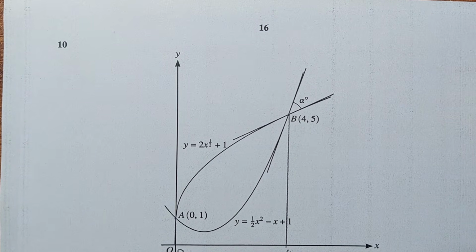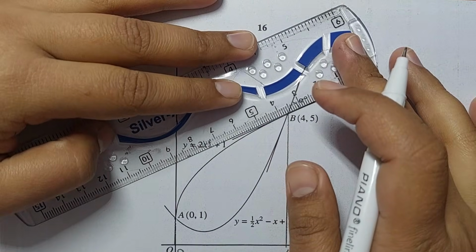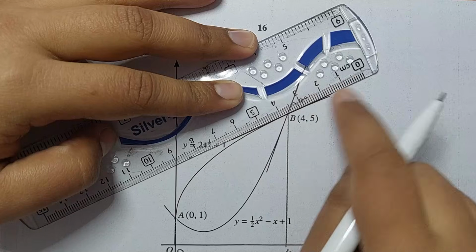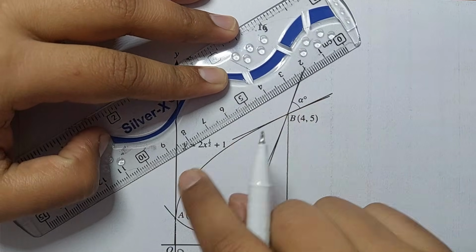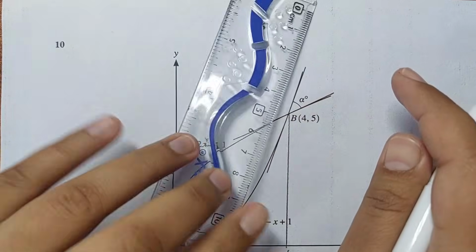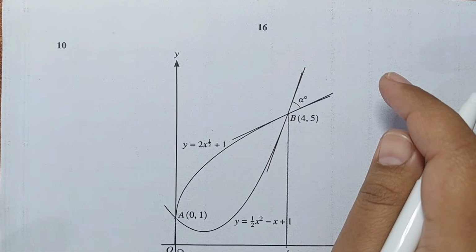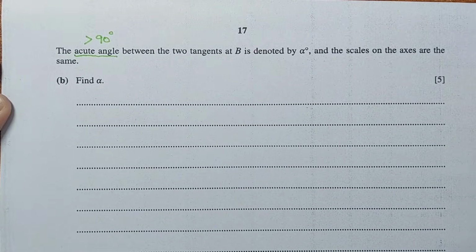As we know, we need to figure out the gradient for both of the curves. This is the tangent line for the upper curve. You can see this is a tangent at B for the upper curve, and this is the lower curve at B, and this is a tangent for the lower curve. So we need to figure out the gradient for both curves to get the angle.